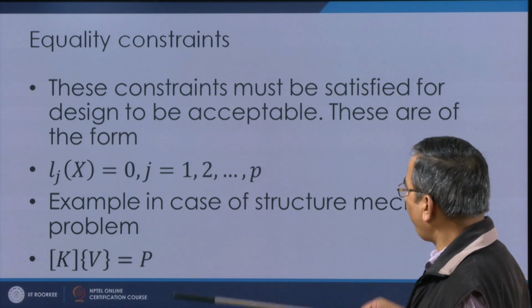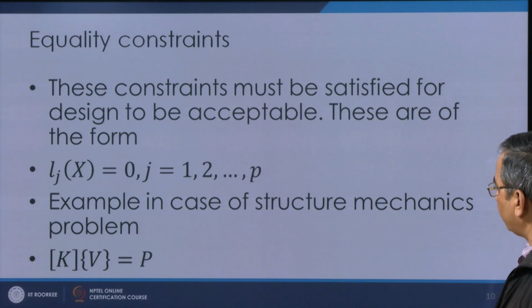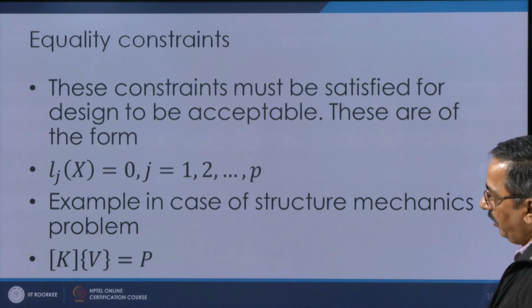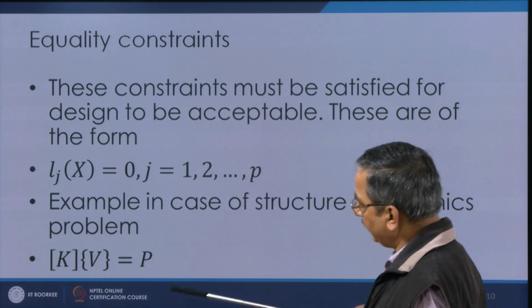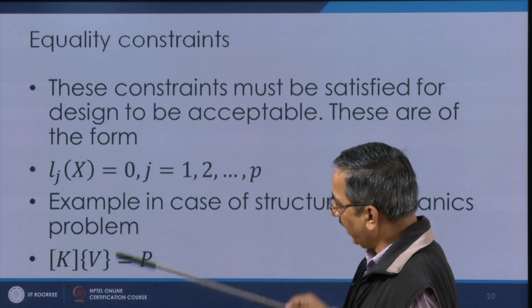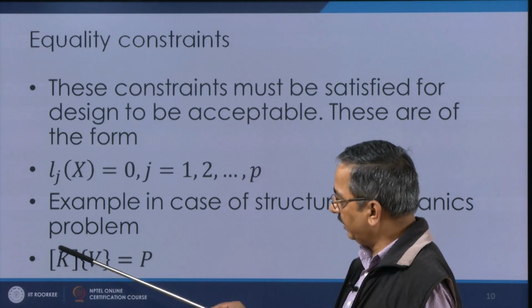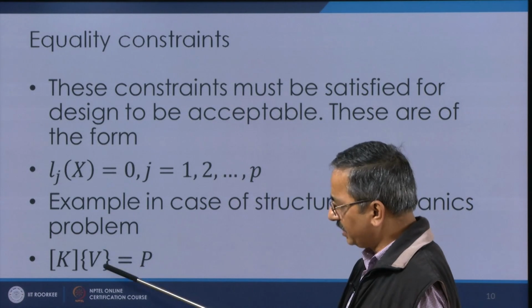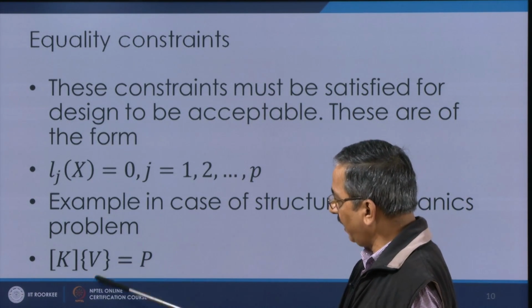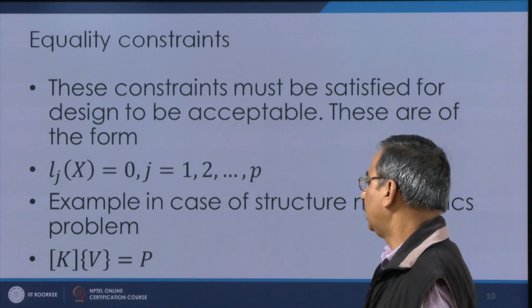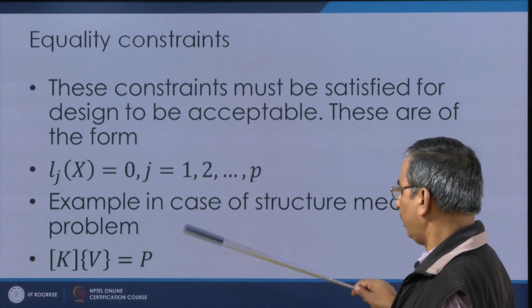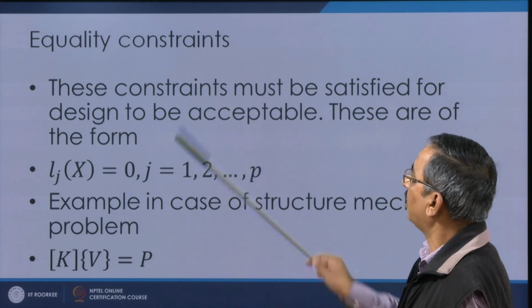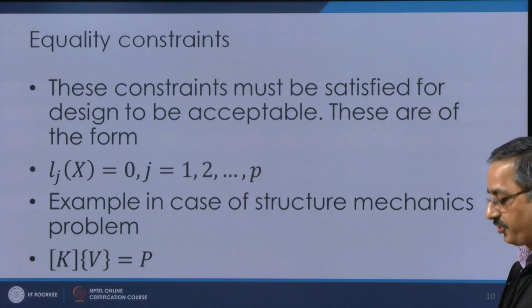An example for equality constraints can be given from the structural mechanics problem, where the constraints can be represented like this. Here K is the stiffness matrix, V is the displacement vector, and P is the load. So, this type of constraints which involve the equal sign are called equality constraints.